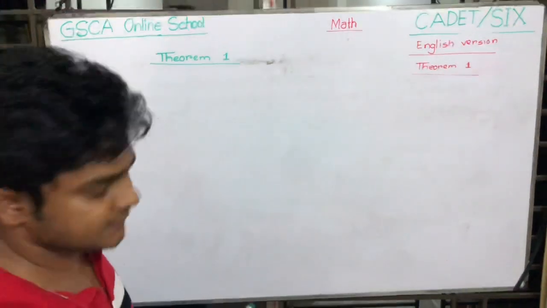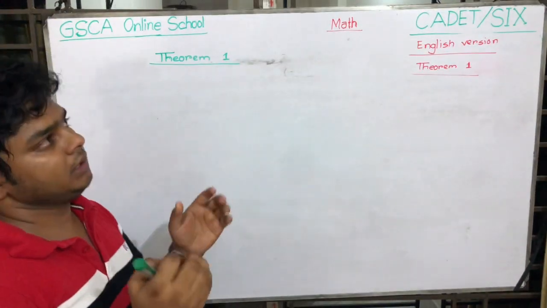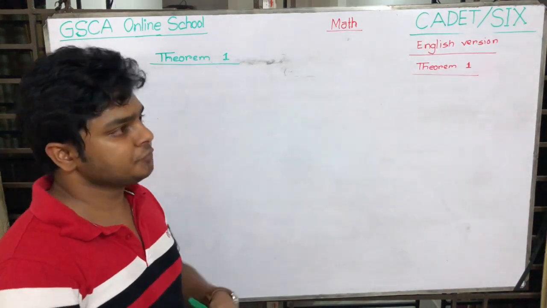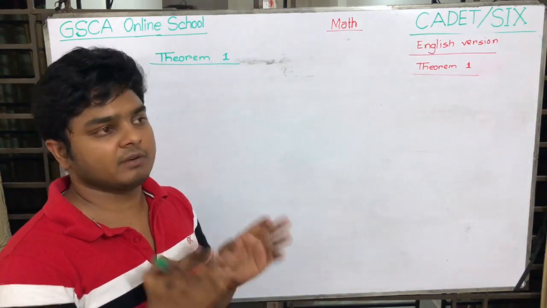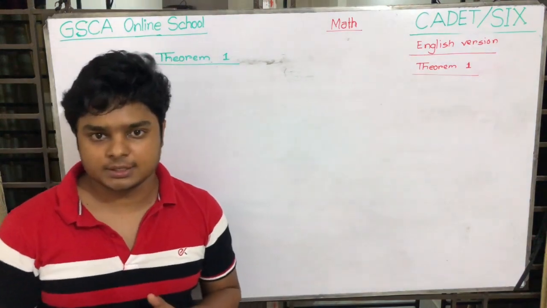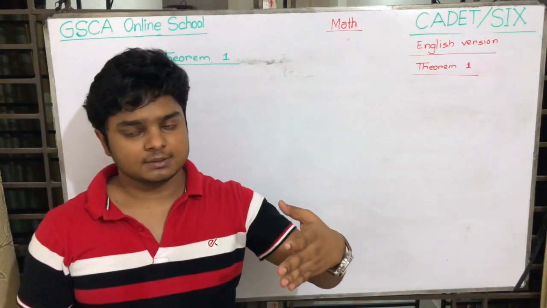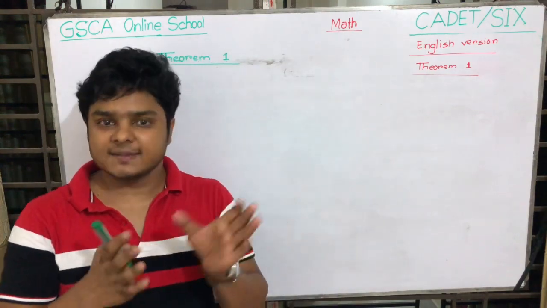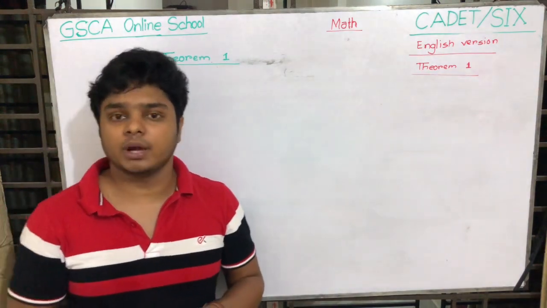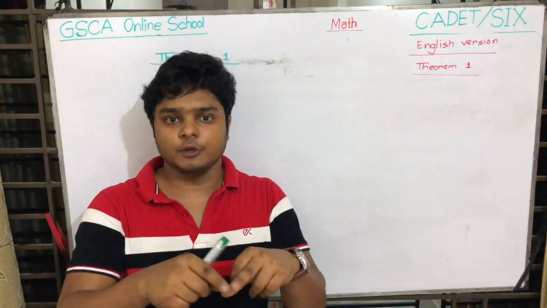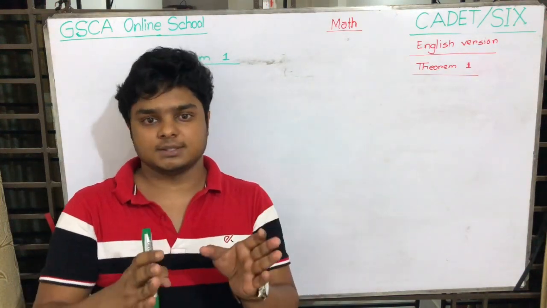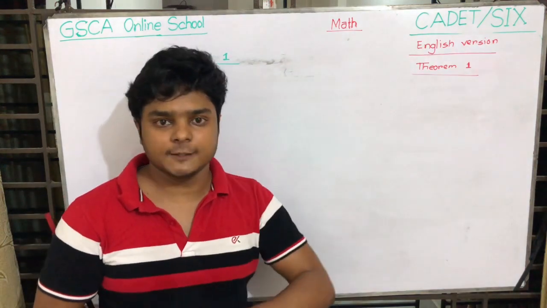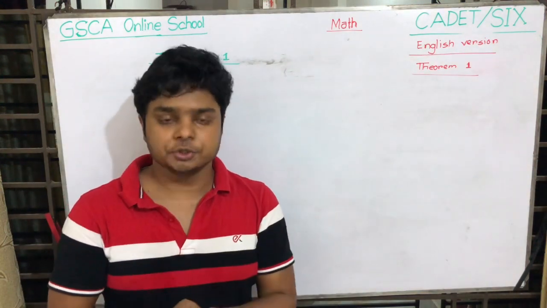In your question, it will ask to prove that if a ray meets a line on a point, prove that. But in our answer sheet we will not write prove that. Instead we will write: it is required to prove that.